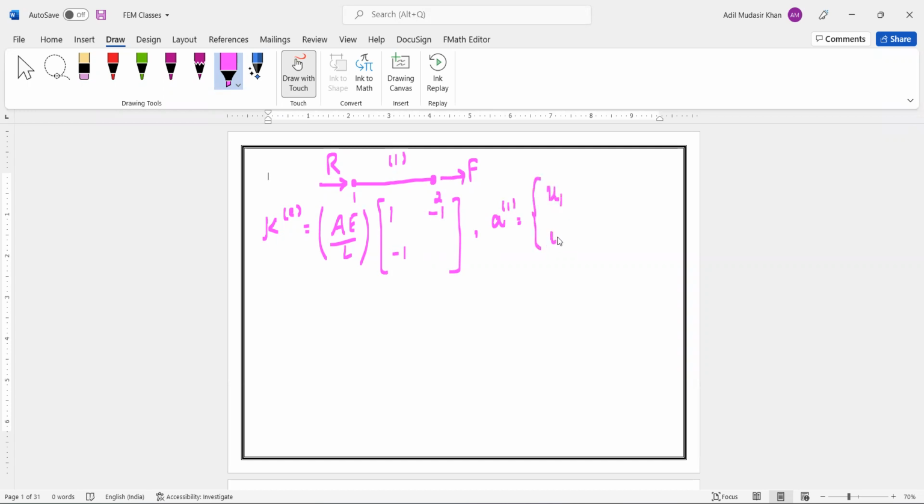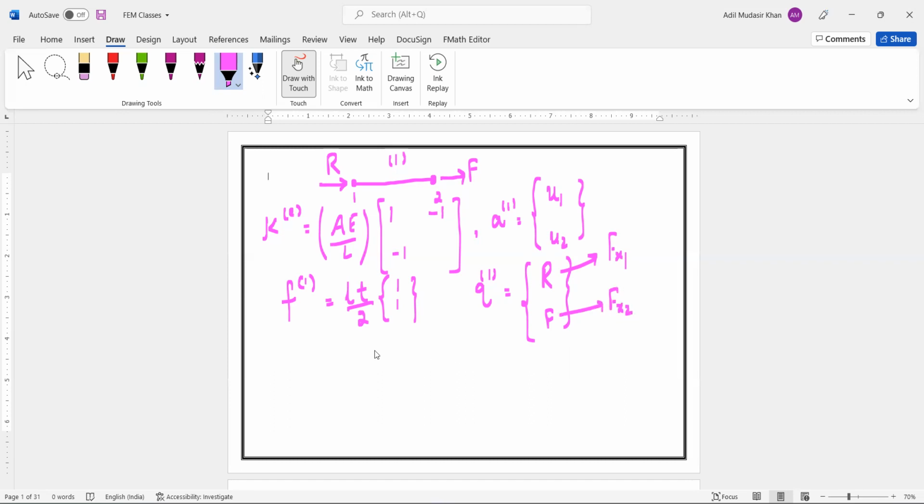Here we had U1 and U2, and we'll also write down the F vector, the F matrix, that was LT by 2 [1; 1], and the Q matrix is equal to R and F, and because we know the first term we had was fx1 and this is fx2. Fine.